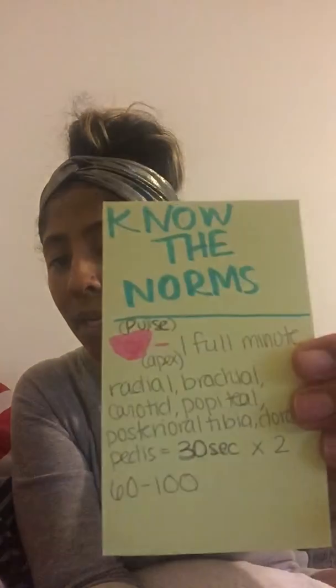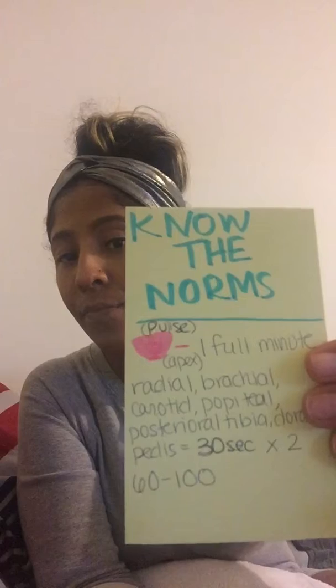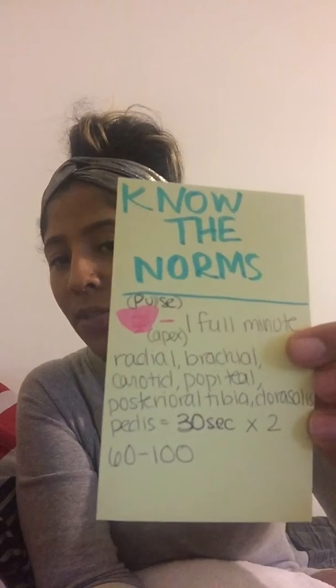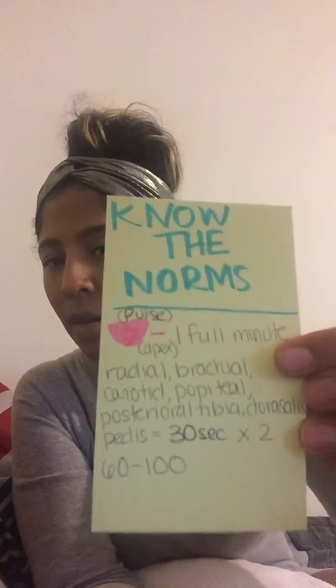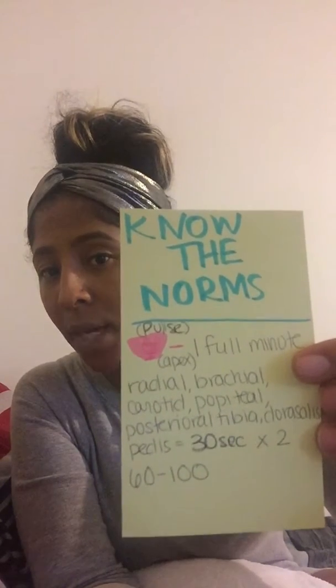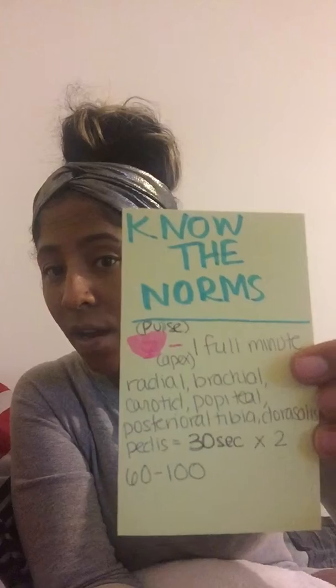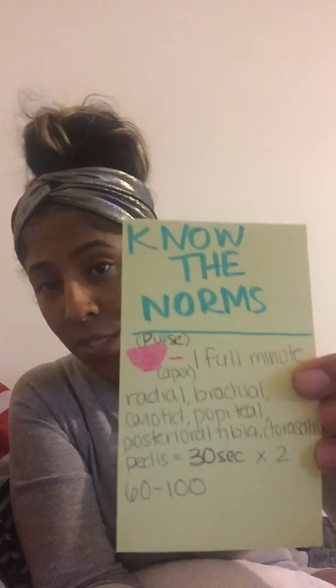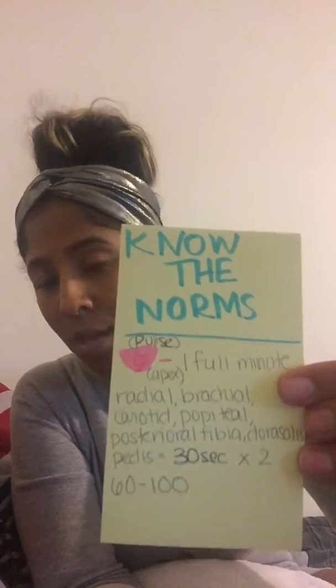Those you can all listen to for 30 seconds and times by 2 to get a 1 minute pulse. A normal pulse should be anywhere between 60 and 100 beats. 60 to 100, excuse me. So again, anytime that you do the actual heart, you're going to listen for 1 minute. Anytime you do any of the other areas, you're going to listen for 30 seconds, times that by 2, and get your reading.